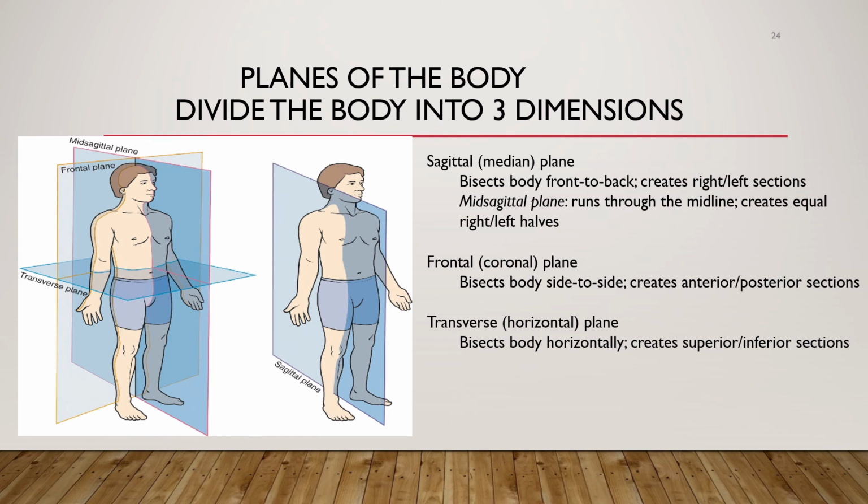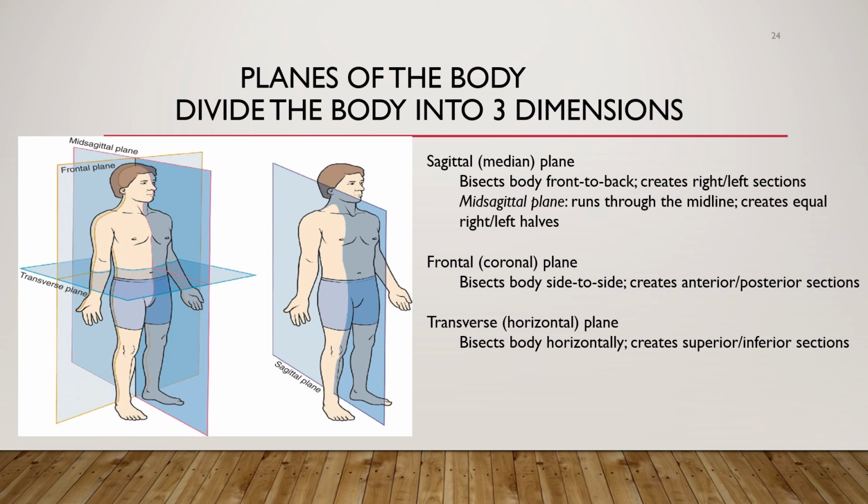The way that we divide our body into dimensions is further divided into up and down, left to right, front to back, which is the planes of our body. So we have the sagittal, which is also the median plane, the frontal, which is also the coronal plane, and the transverse, which is the horizontal plane.